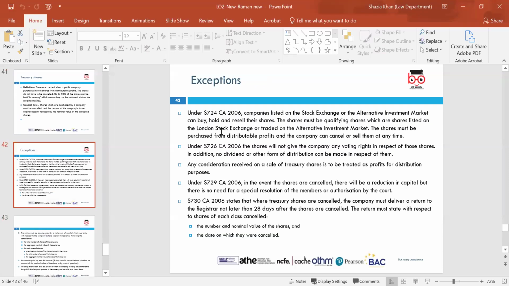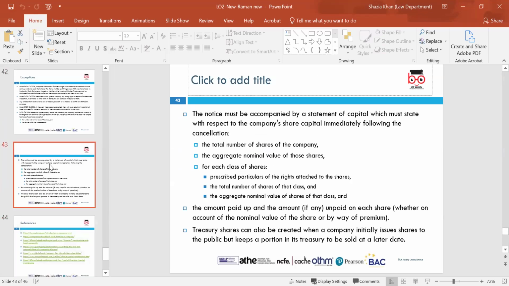The exceptions to that you could look at under section 724 of the Companies Act 2006, where companies listed on the stock exchange or the alternative investment market can buy, hold and resell the shares. Or you could look at section 730 of the Companies Act, which states that where treasury shares are cancelled, the company must deliver a return to the registrar no later than 28 days after the shares are cancelled. These are some additional reading for you to do in your own time.